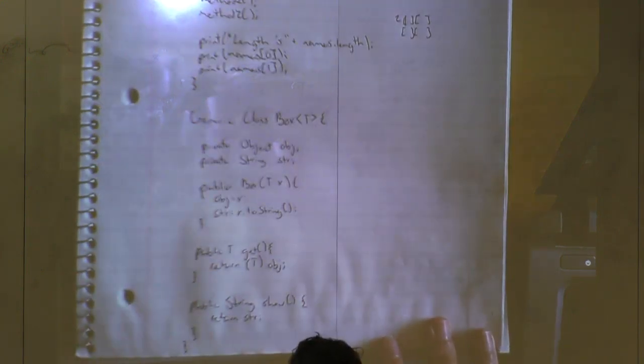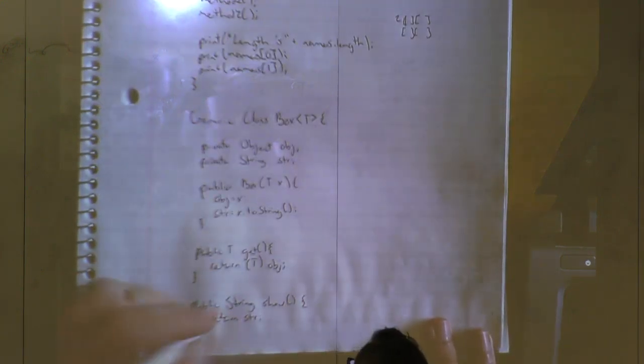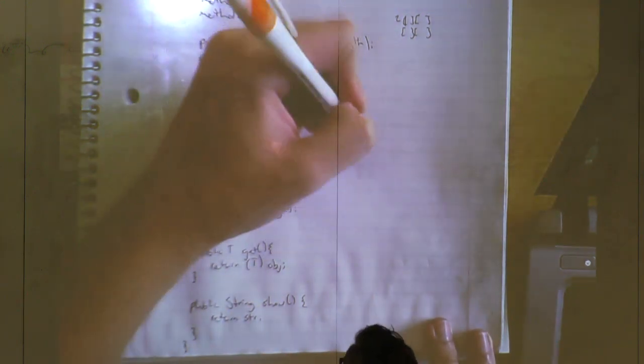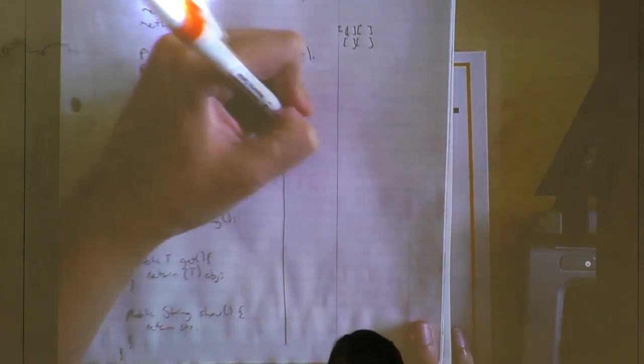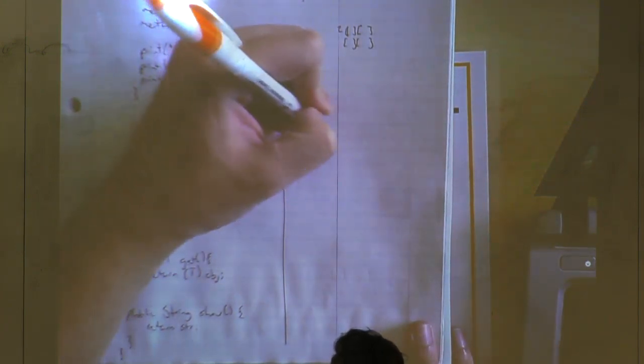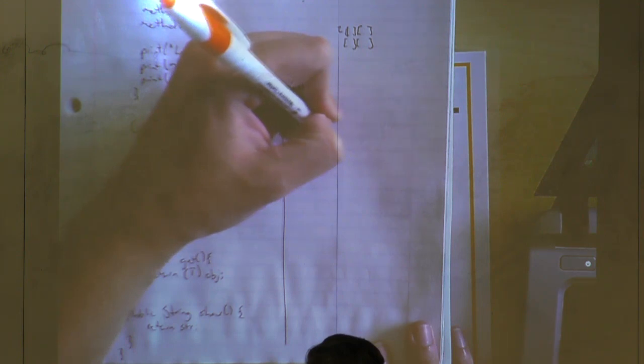So I could do, let's say, String. So I'm going to make a Box of type String.